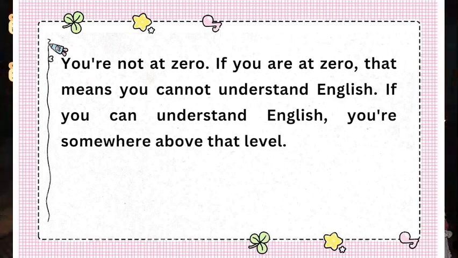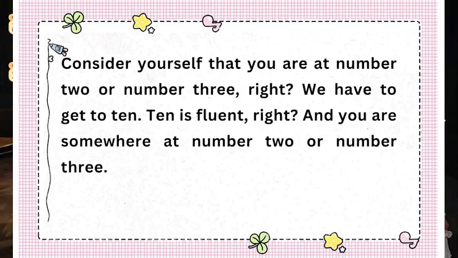If you can understand English, you're somewhere above that level. Consider yourself that you are at number 2 or number 3, right? We have to get to 10. 10 is fluent, right? And you are somewhere at number 2 or number 3.